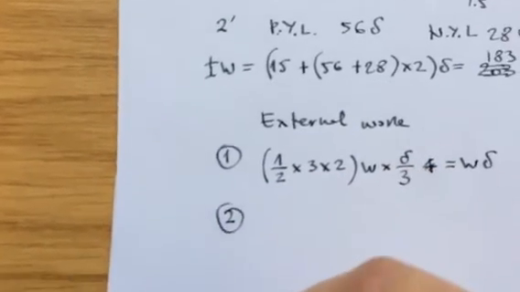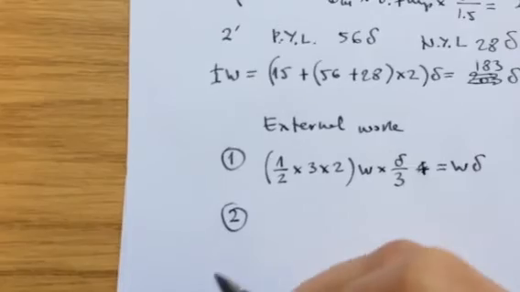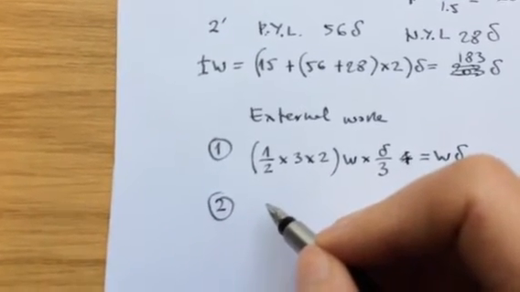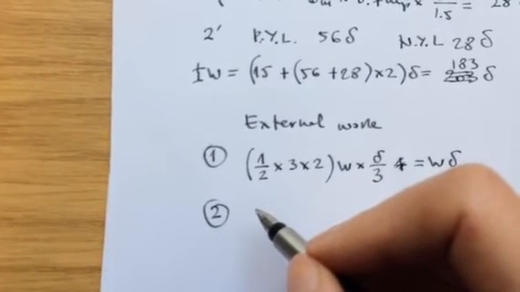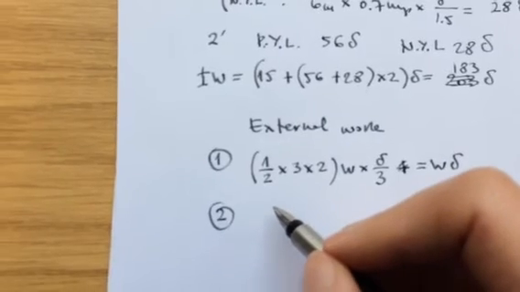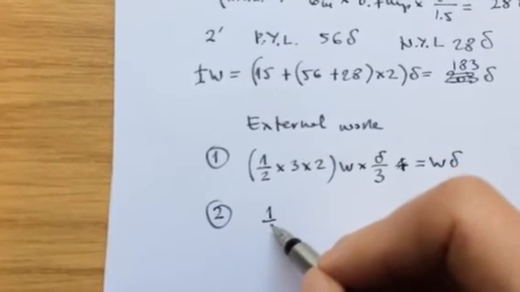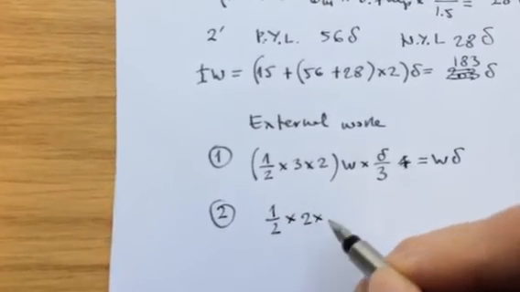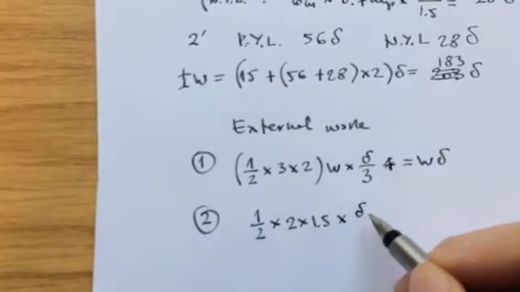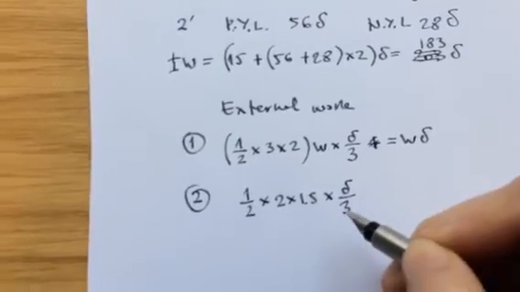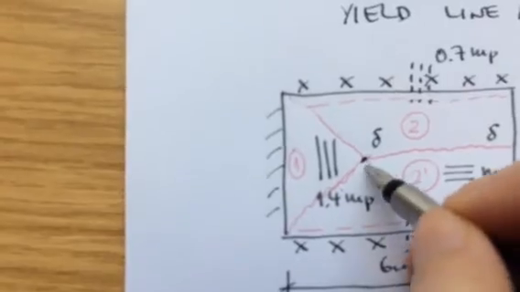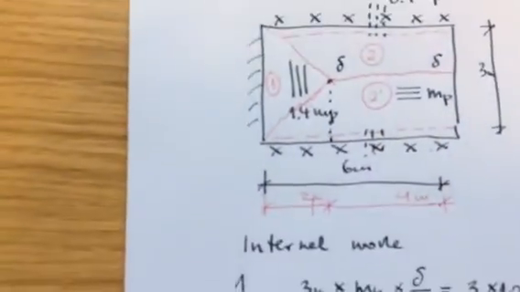For element 2, we have to take into account the whole element 2, so dividing it into a triangle and a rectangle. For the triangle, the area is 1/2 times 2 times 1.5, and the displacement at the centroid of that triangle is delta third.